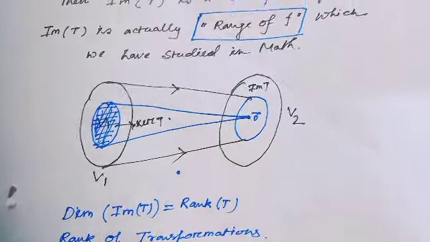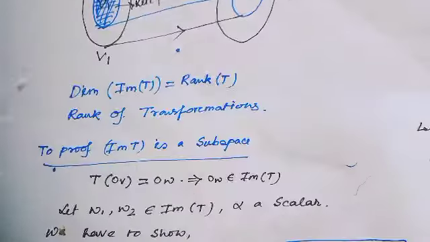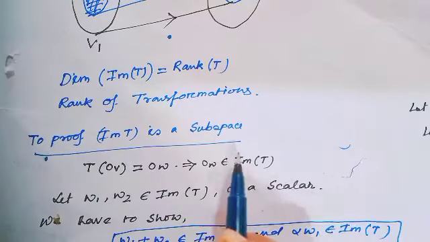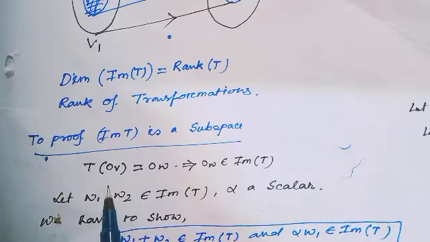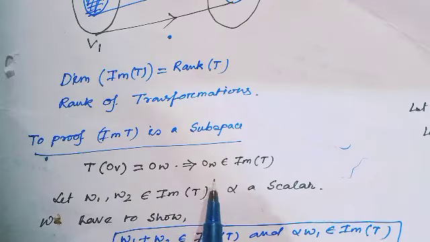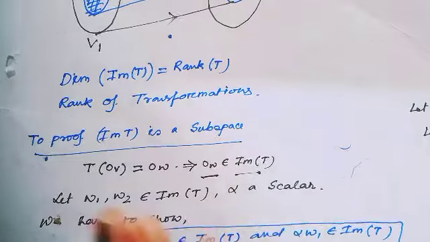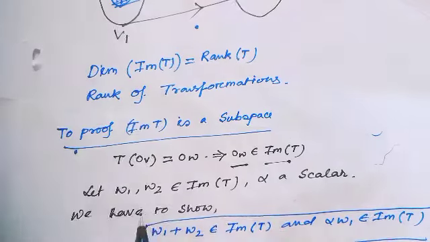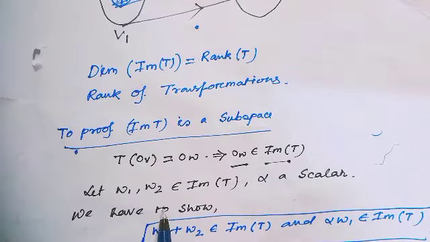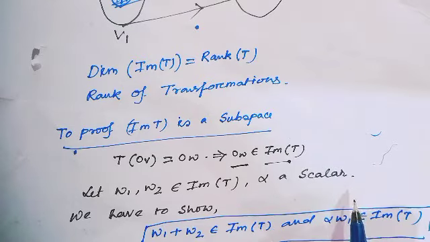Now I will prove that the image of the transformation is a subspace. The image of T is non-empty because T of 0_V equals 0_W, which implies the zero vector is always a member of the image of T. Now consider two arbitrary elements w1 and w2 belonging to the image of T, and alpha any scalar.